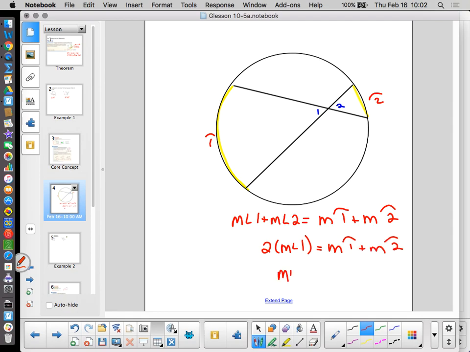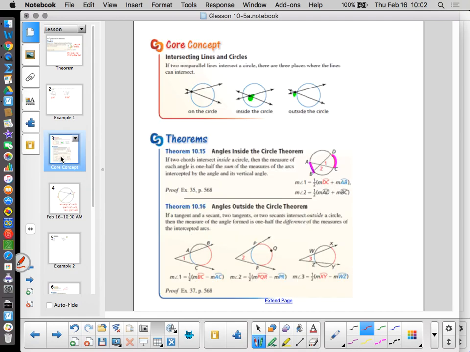Or I could say the measure of angle 1 is 1/2 times the measure of arc 1 plus the measure of arc 2. And that's the formula the book gives us on the previous page. Okay? That the sum of the angles is the sum of the arcs, so the measure of any one angle is half the sum of the two arcs.